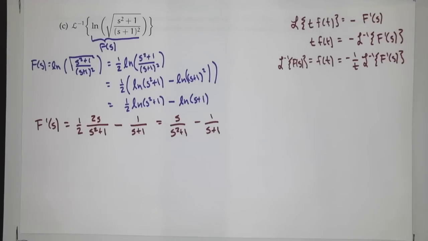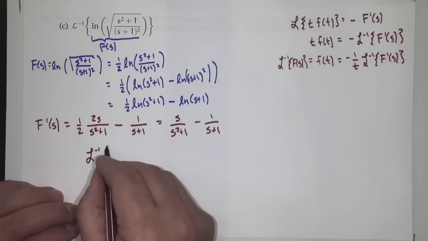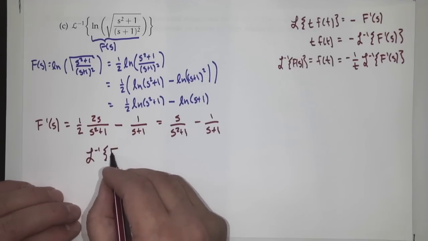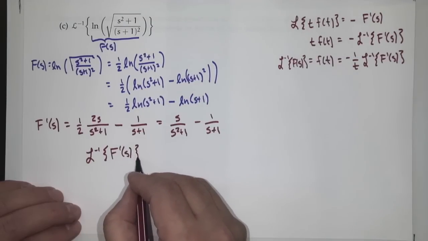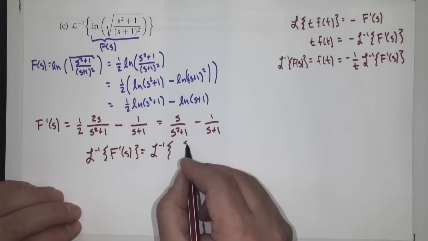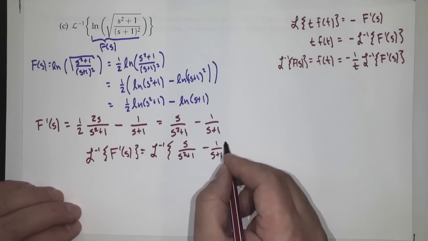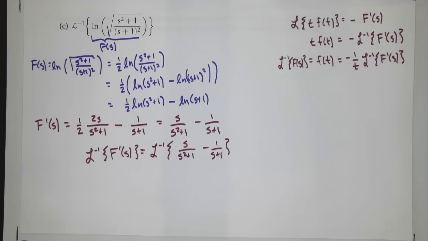Can we take the inverse Laplace here? Well, we're asking, can we take the inverse Laplace of s over s squared plus 1 minus 1 over s plus 1? We start scanning our table.